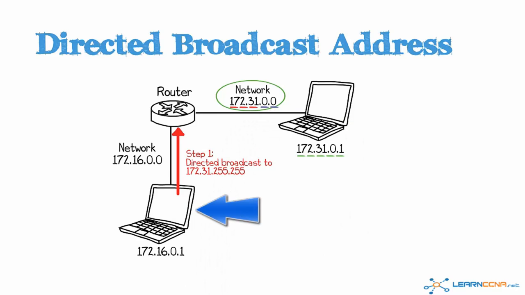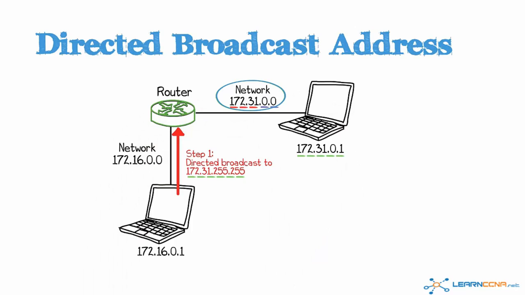This device is sending a directed broadcast to 172.31.255.255 using a hacking tool such as Smurf as an example. In other words, it's sending a broadcast to this subnet 172.31.0.0.